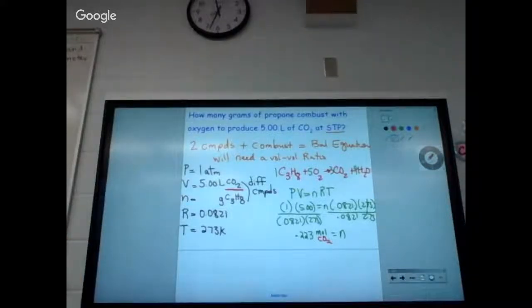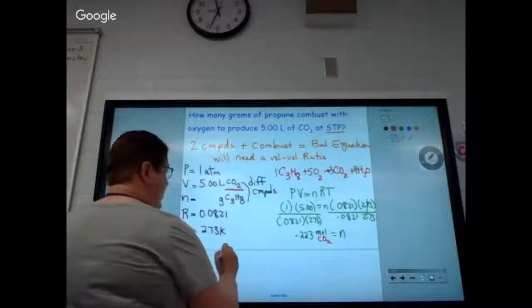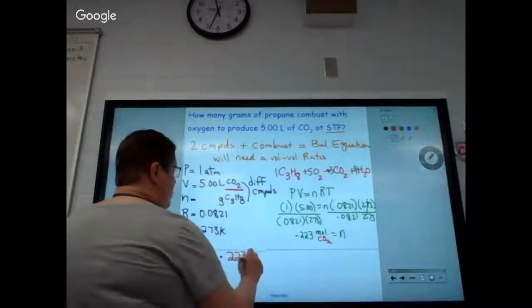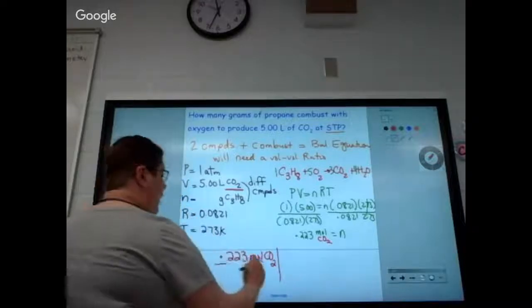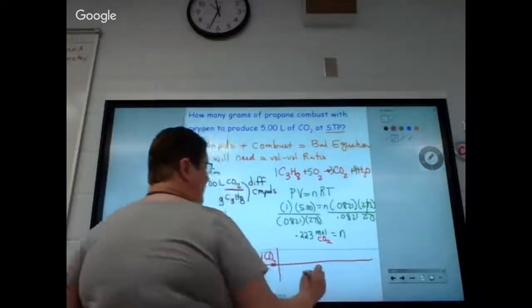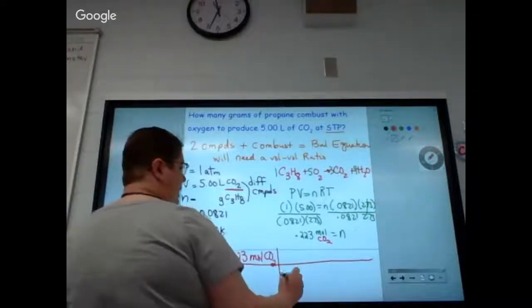All right? I did it this way to show you the old way. So, I can take my 0.223 moles of CO2, and I need to get to grams of something, right?